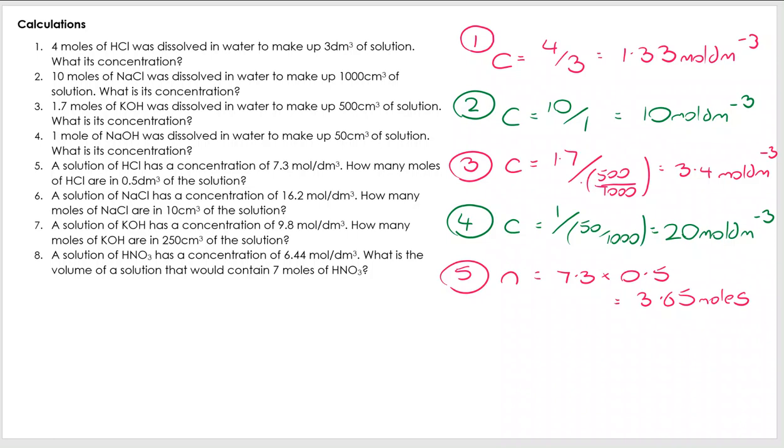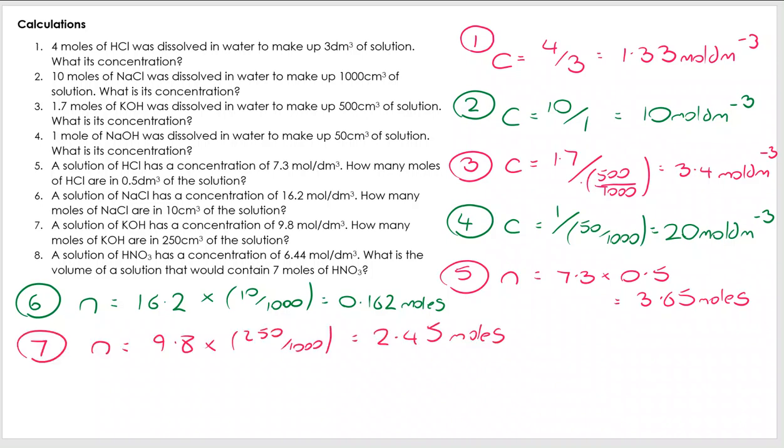On to number 6, and I have got 16.2. This time my volume has been given in centimetres cubed, so I'm converting it again to decimetres cubed. It takes me to 0.162 moles. For number 7, I'm working out moles again. 9.8 multiplied by my volume converted into decimetres cubed, 2.45 moles.